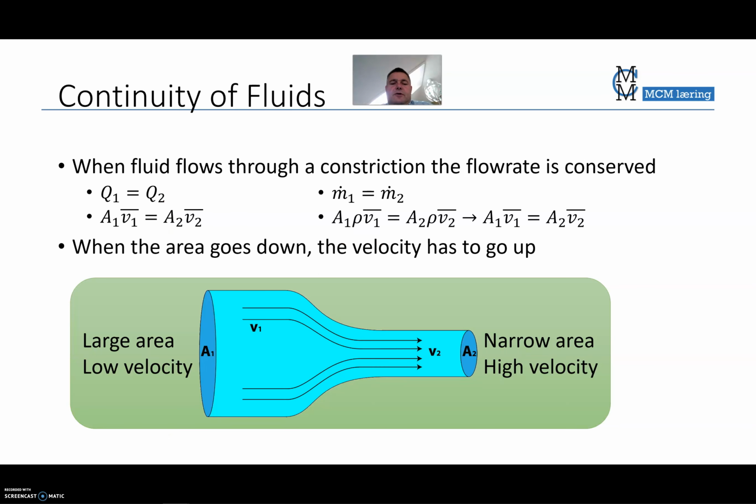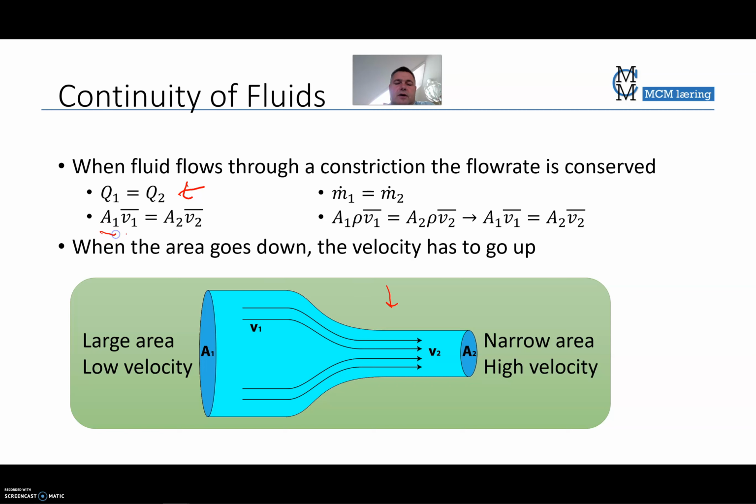The continuity of fluids. When we have a section of a pipe that narrows like the one in the figure here, the flow rate here, the cubic meters per second, or the liters per second if you like, must be the same here as here. You cannot have more fluid flowing here than here, for example, so the flow rate is the same at the 2 points there.